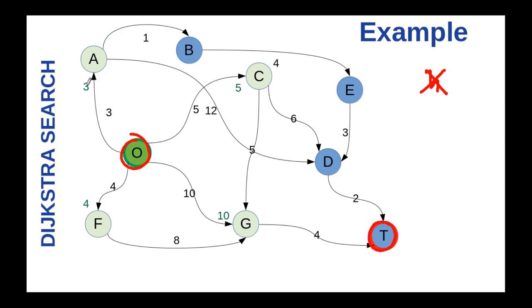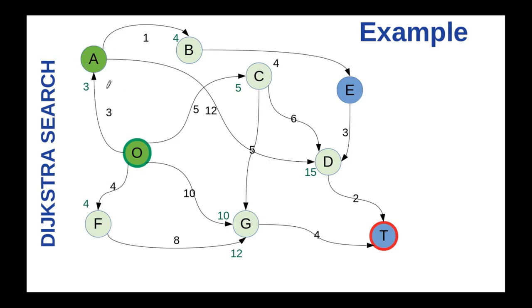So as you can see here, first of all, we stay at O, at the origin, like an already visited node, and we check all the neighbors of the actual node, that is O. So here we have a weight of 3, a weight of 5, a weight of 10 and 4. And as you can see, the minimum is 3. So now we go to A, like the next visited node.